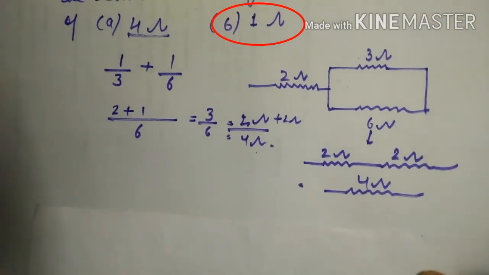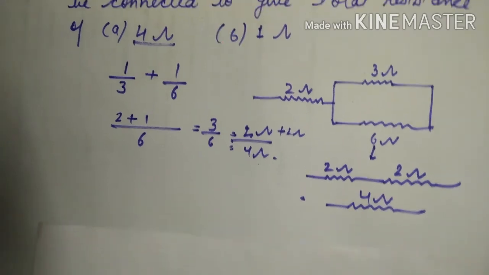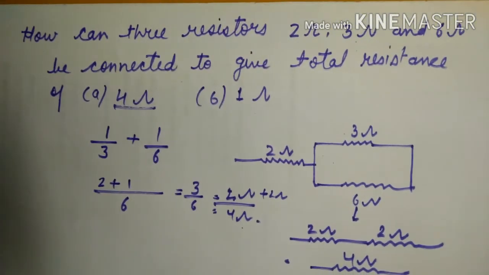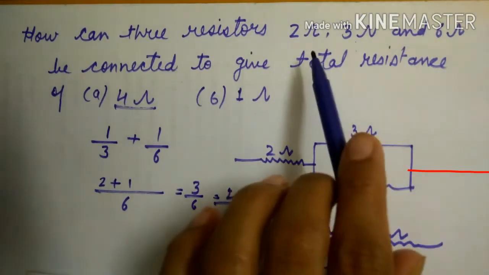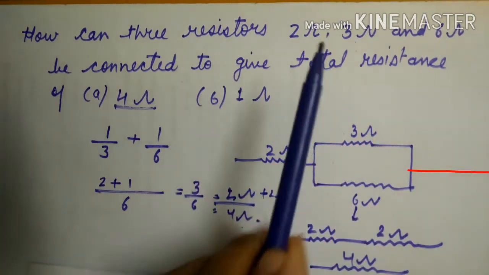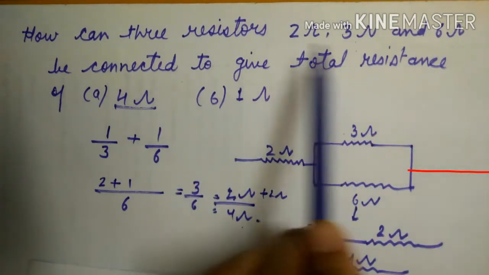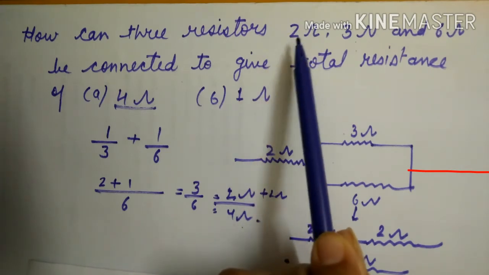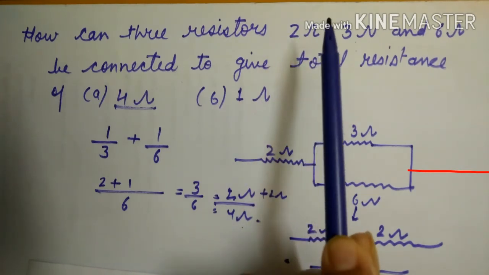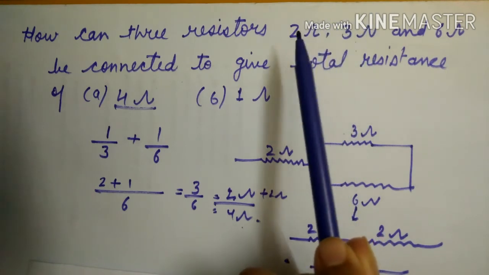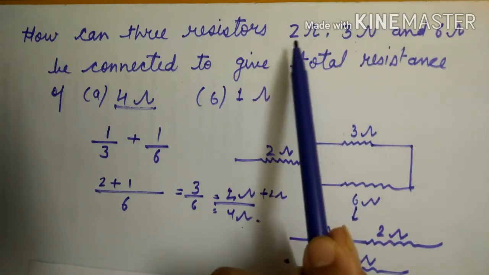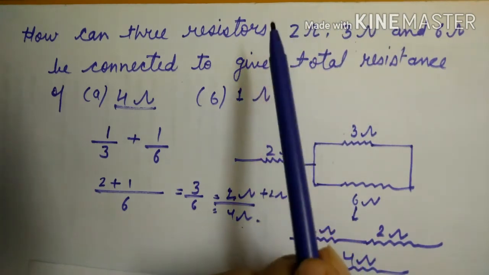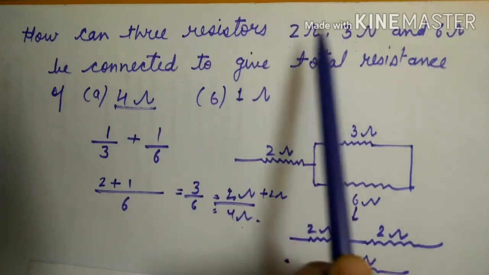Again, for the 1 ohm we have 3 resistors. Now 1 ohm is a very small value. If we see these three, even the least value resistor is more, then we want the total resistance to be less, so all resistors should be connected in parallel combination.